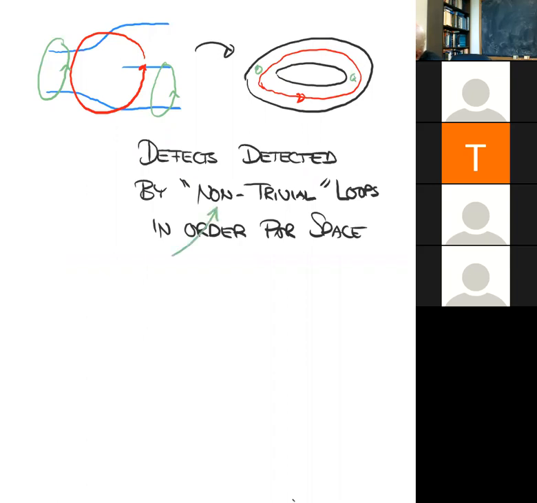So non-trivial means cannot be deformed. A trivial loop is just a little loop that you can shrink to a point.